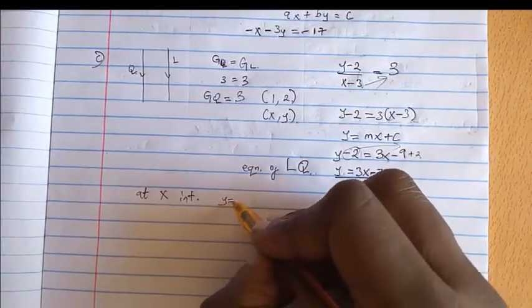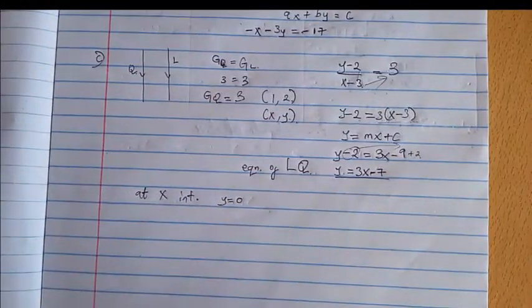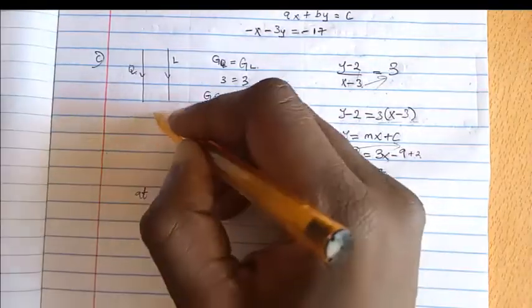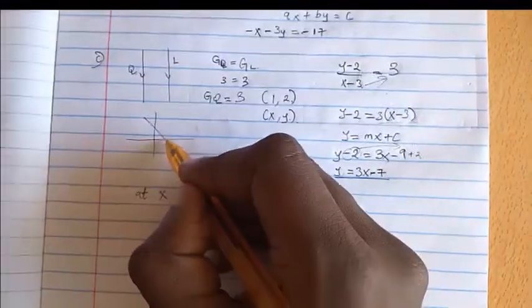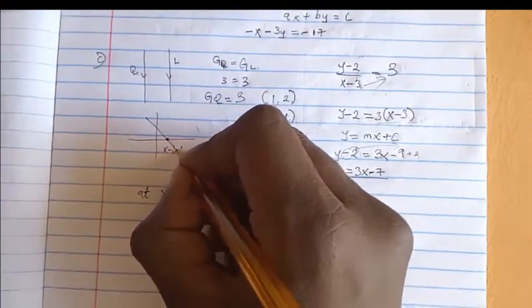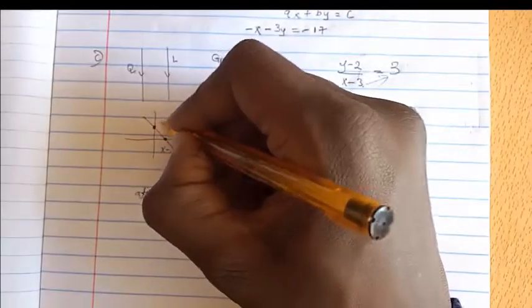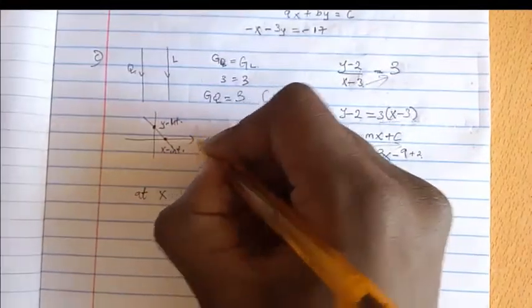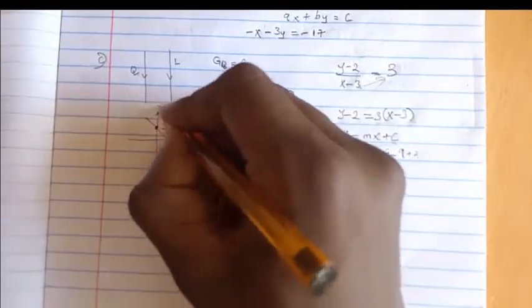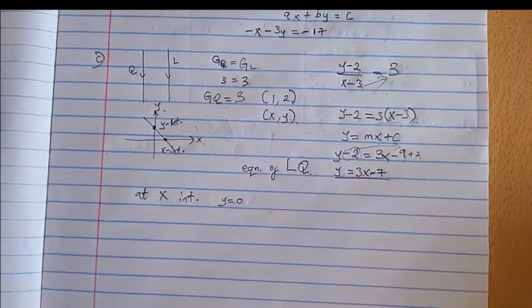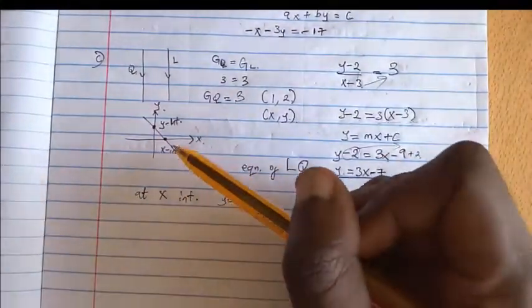Because if I draw a Cartesian plane and I cut that line at this point, we'll notice that this will be the x-intercept and this will be the y-intercept. If this is the x-axis and this is the y-axis, the y-intercept is the point where the line cuts the y-axis, and the x-intercept is the point where the line cuts the x-axis. So at x-intercept, y should be equivalent to 0.